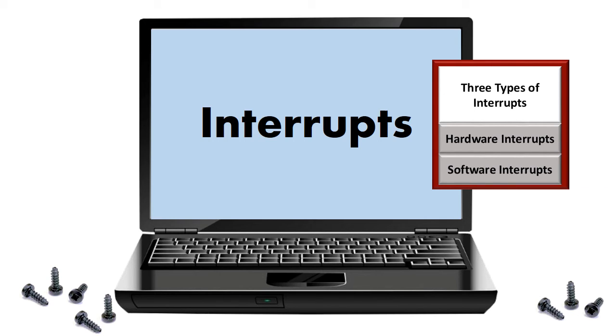Second, software interrupts are generated by programs when they want to request a system call to be performed by the operating system. Last, traps are generated by the CPU itself to indicate that some error or condition occurred for which assistance from the operating system is needed.